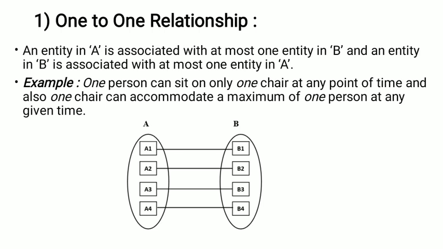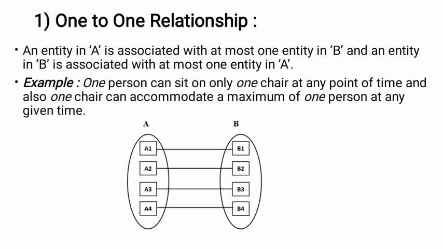A1 is associated with B1, A2 with B2, A3 with B3, and so on, up to An associated with Bn. The example here is that one employee can manage at most one department. That is, one department can have a maximum of one manager.